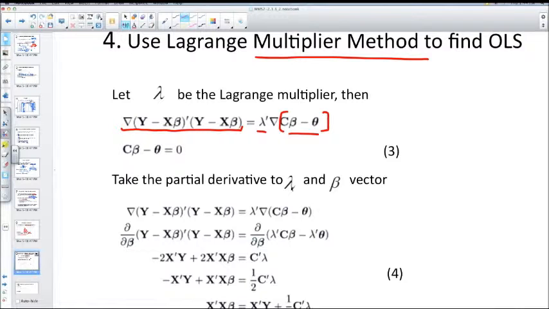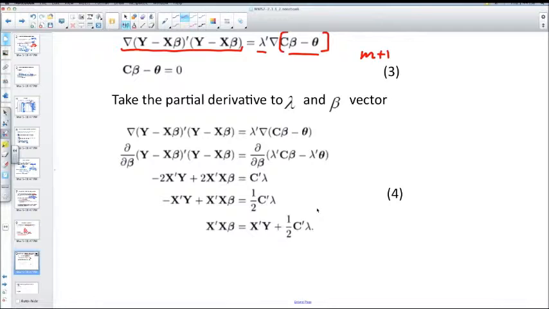That's Lagrange's method. When we write it this way, remember, in the real situation, you have m independent equations, actually m plus 1 equations. And based on those equations, we can solve the system.